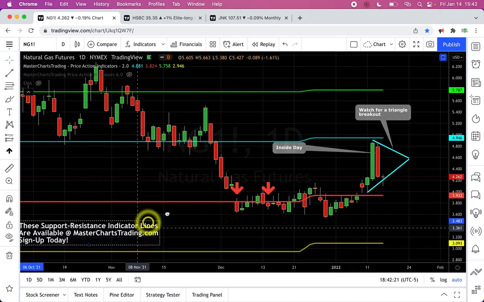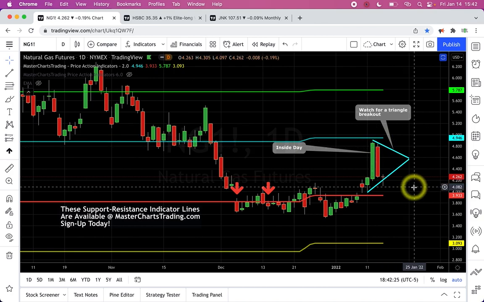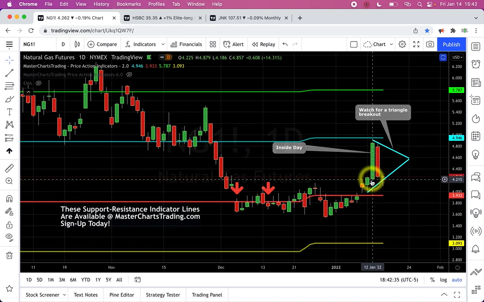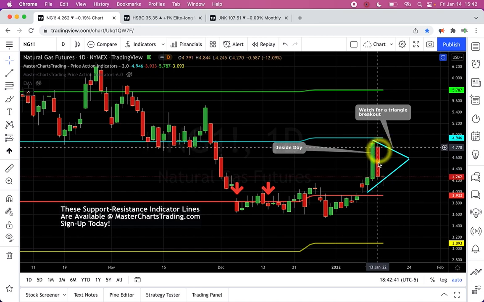What's extra cool is this chart pattern. So again, I don't really use chart patterns, but this one just jumps out at you. So it's kind of interesting sometimes. So number one, these two candles, 12th of January and 13th of January, are what's called an inside day pattern.